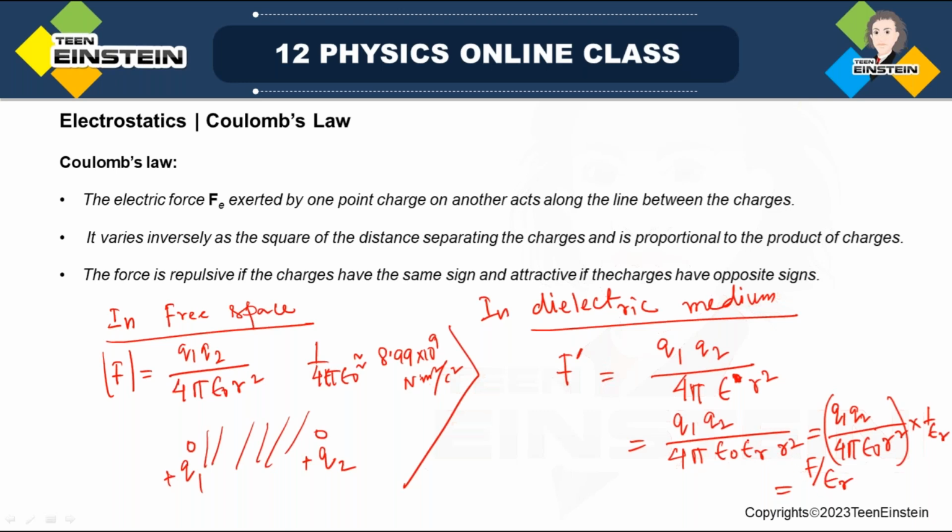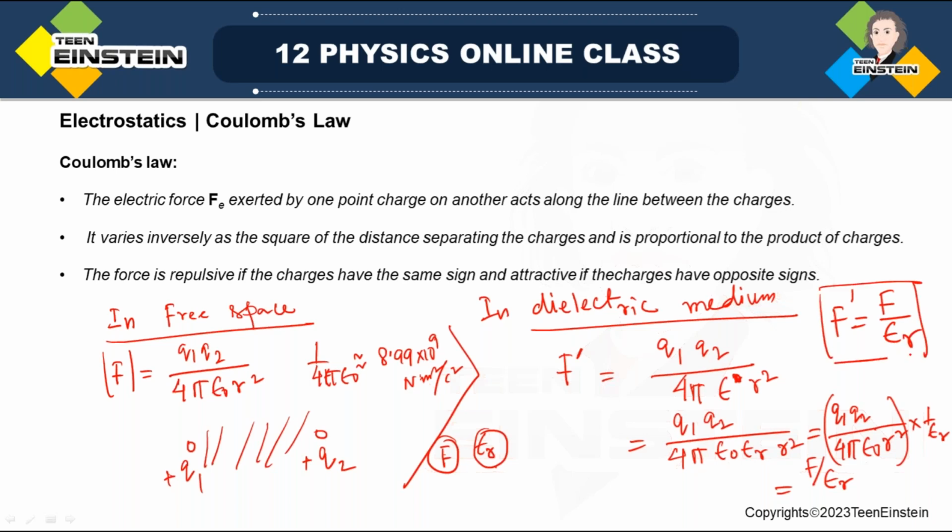Sometimes there is a question that two charges are kept in free space, and the electrostatic or Coulomb force between them is F, and if the same charges are kept inside a dielectric medium of relative permittivity epsilon r, then you must write the force F prime equal to the force in free space divided by epsilon r.